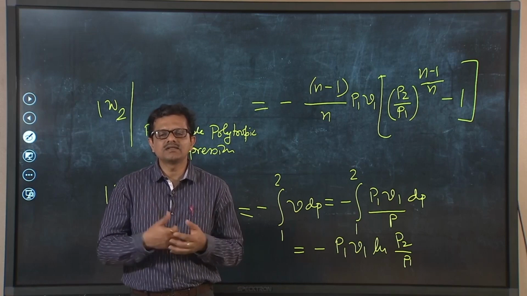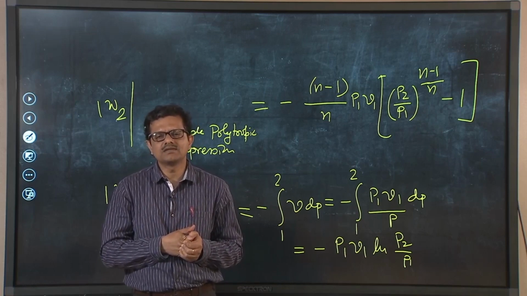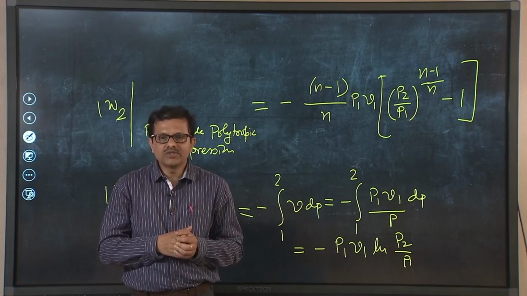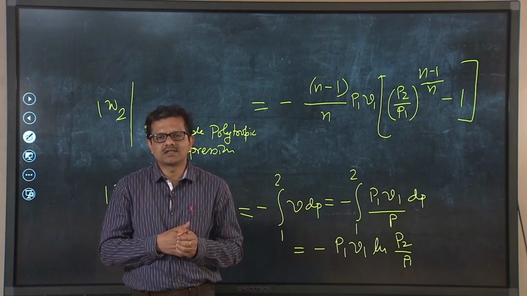Those are reversible adiabatic compression, reversible polytropic compression, and reversible isothermal compression. So, with this I stop here today, and we shall continue our discussion in the next class.